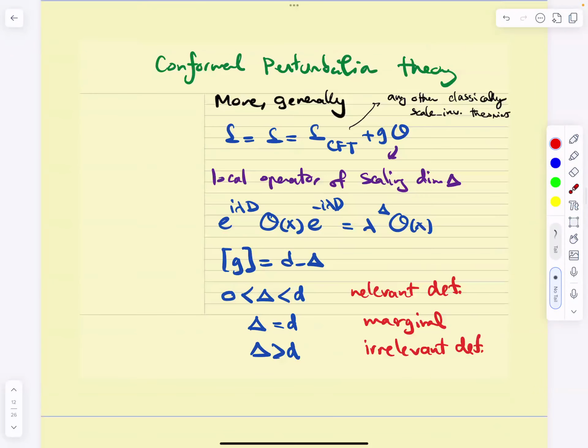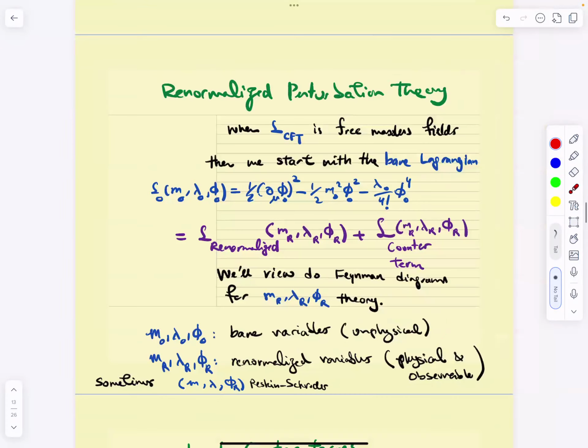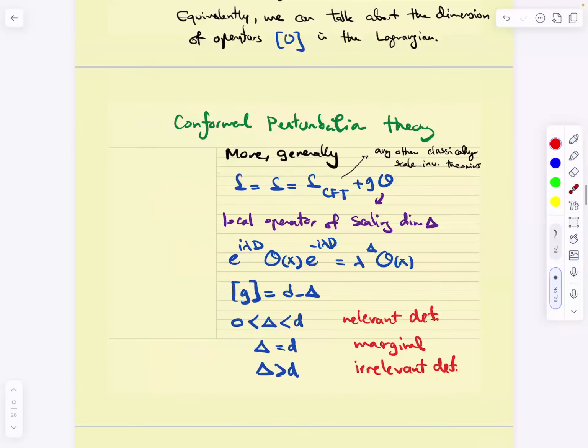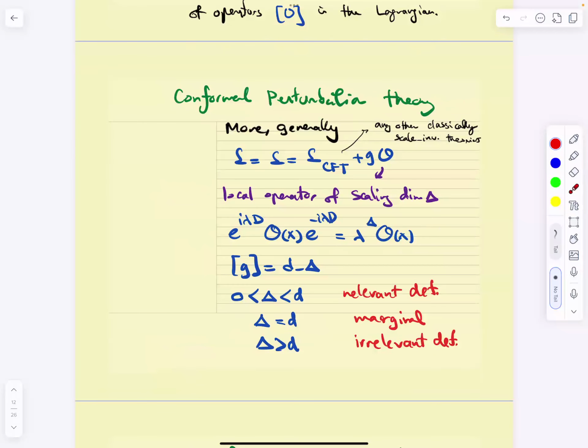All right. If there are no questions, now I'm going to start the discussion of renormalized perturbation theory. Actually, I'm going to make a longer pause, because renormalized perturbation theory is what we're going to talk about for the next lecture as well. So I want to make sure that there's a little bit of a change of gears.